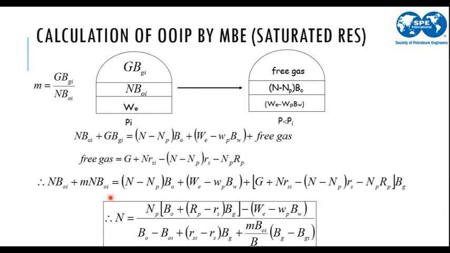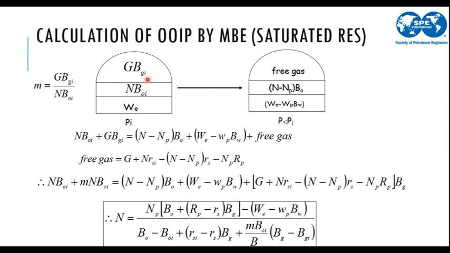Okay, just imagine that we have a reservoir with a gas cap, with oil in place, and with water drive mechanism, the combination reservoir that we have talked about before. If we want to know the volume of the gas that we have, we would multiply the initial gas in place, multiply beta gi, or the initial gas formation volume factor.